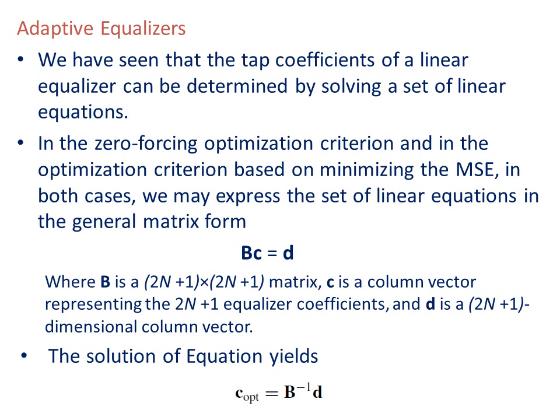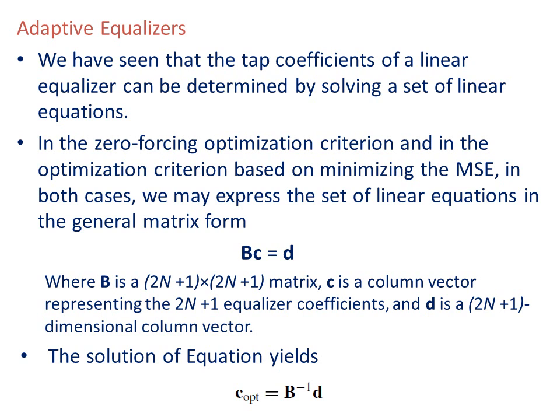In the zero forcing optimization criteria, what we have studied earlier, and in the optimization criteria based on minimizing the MSE, that is mean square error, in both cases we may express the set of linear equations in the general matrix form that is given by BC is equal to D. Already we have discussed about it, where B is a 2N plus 1 cross 2N plus 1 matrix, and C is a column vector representing the 2N plus 1 equalizer coefficients, and here D is a 2N plus 1 dimension column vector.